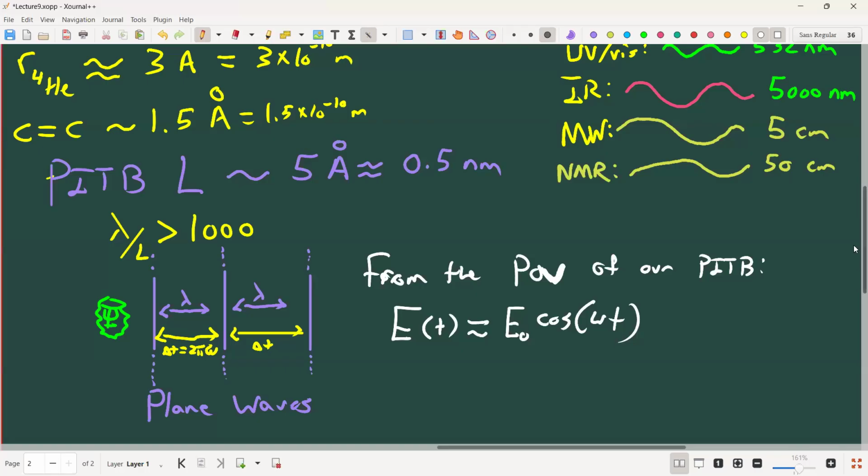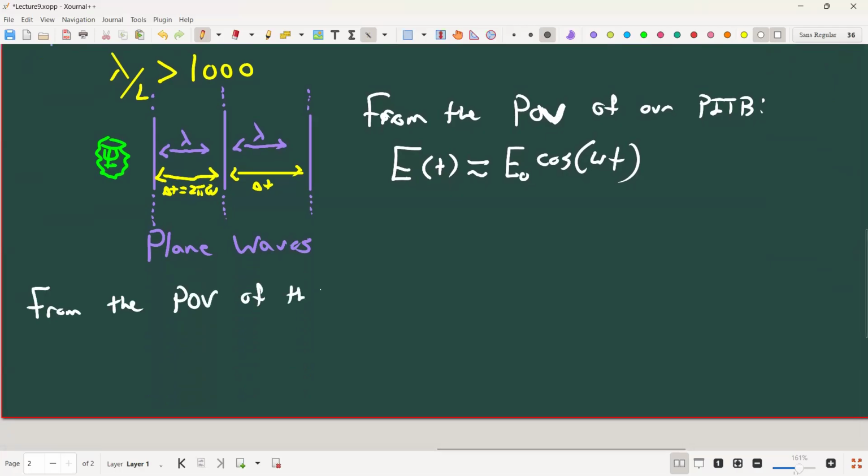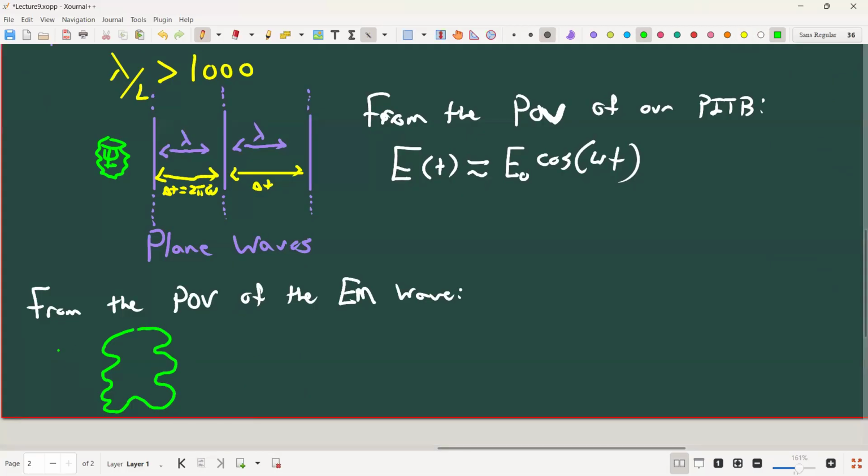So again, pretend that this side here is a molecule with some electrons in it, from the POV of the wave. Some molecule with some funky shape.